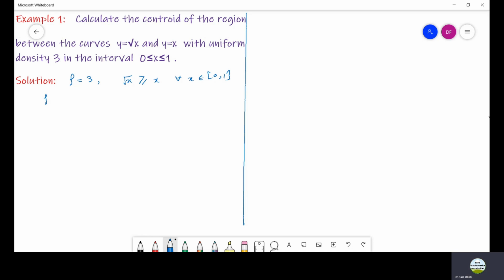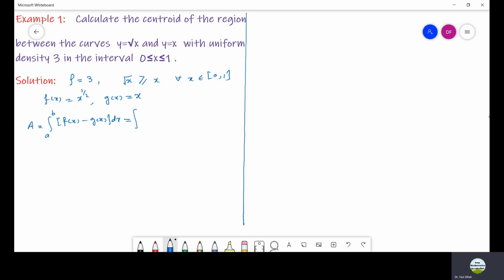So we take f of x equal to square root of x, and g of x equal to x. The first task is to find area, which is given by integration from a to b of f of x minus g of x dx.